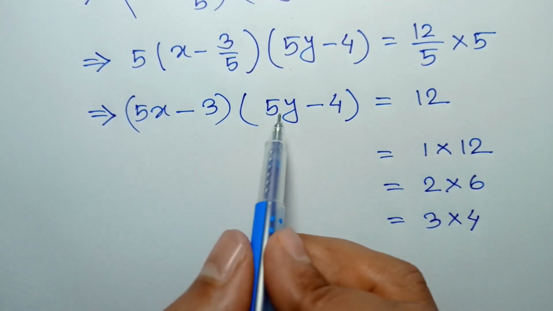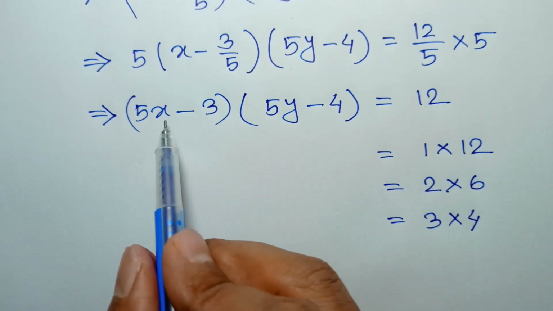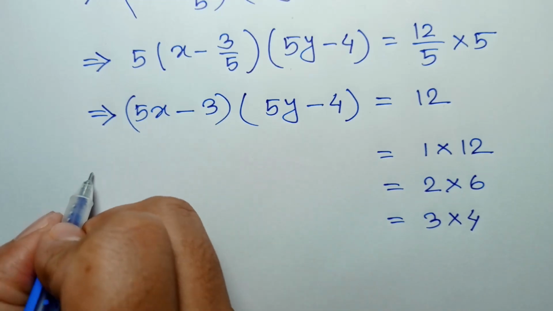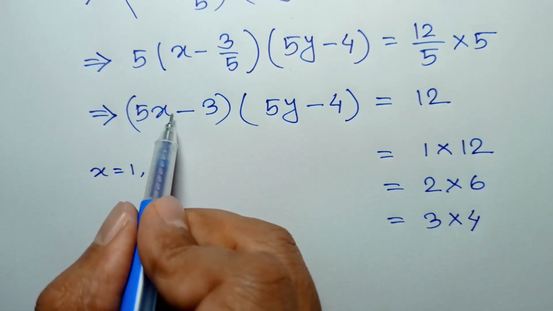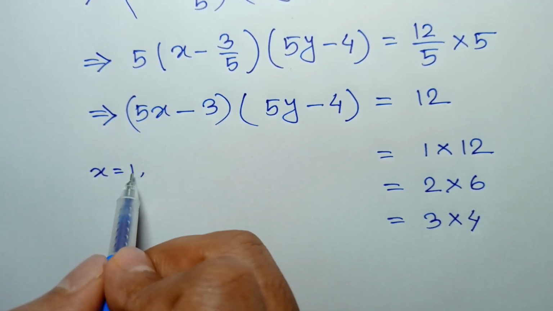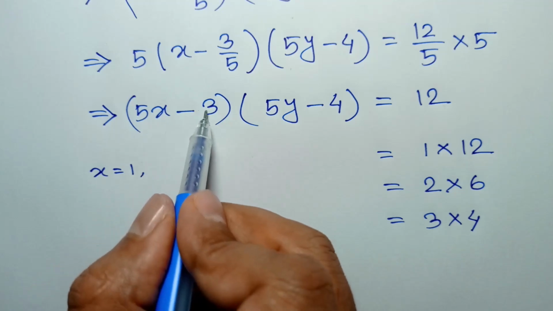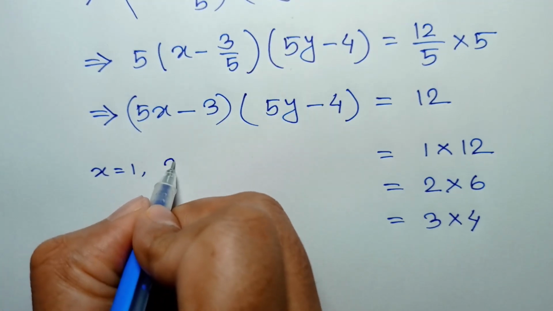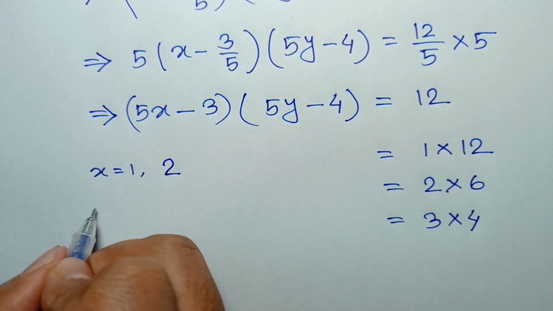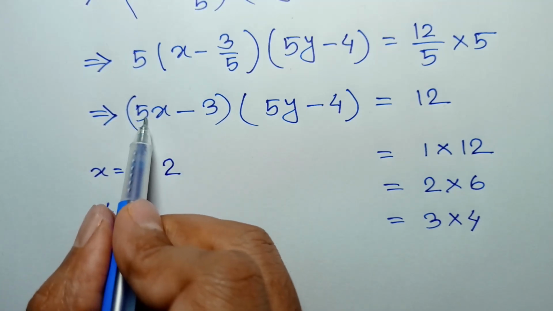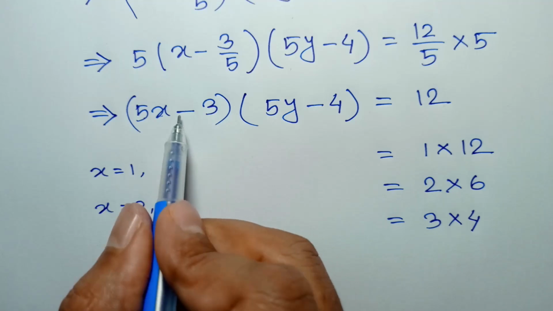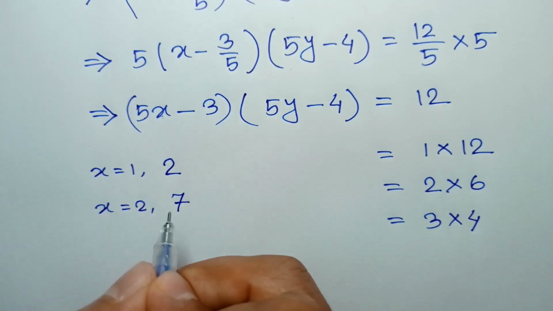Here x and y are integer, so when x is equal to 1, then 5x minus 3, it will be 5 times 1 is 5 minus 3, it will be 2. And when x is equal to 2, then 5 times 2 is 10 minus 3 is 7.